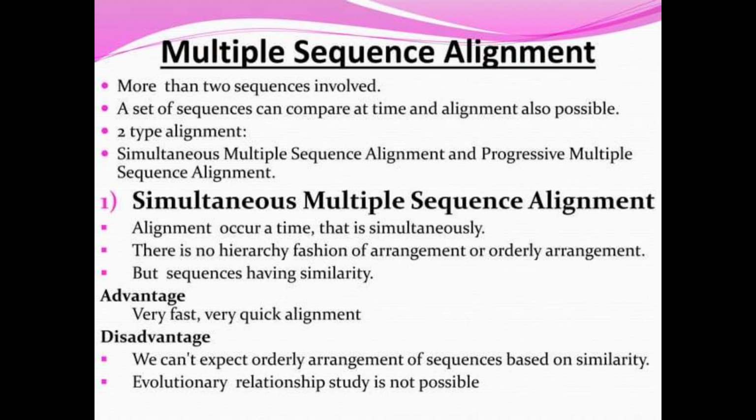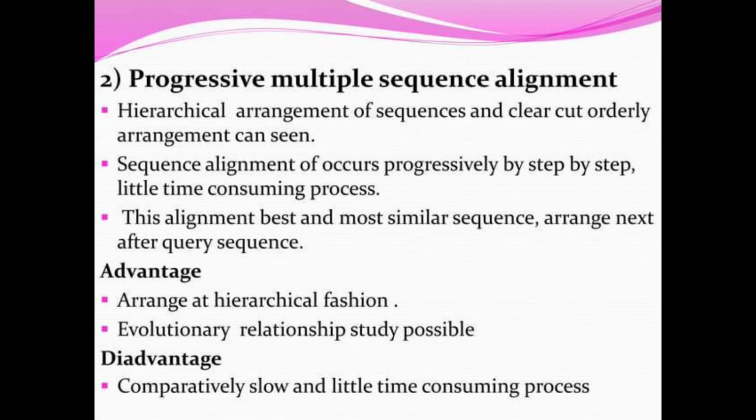They are fast, advantageous and very accurate. In progressive multiple sequence alignment, we analyze step by step, but it is time consuming compared to the previous one. Hierarchically we can study it, and evolutionary relationships are made possible in progressive multiple sequence alignment, which is not possible in conventional alignment.